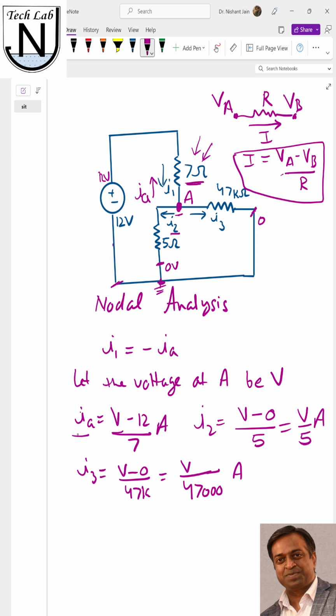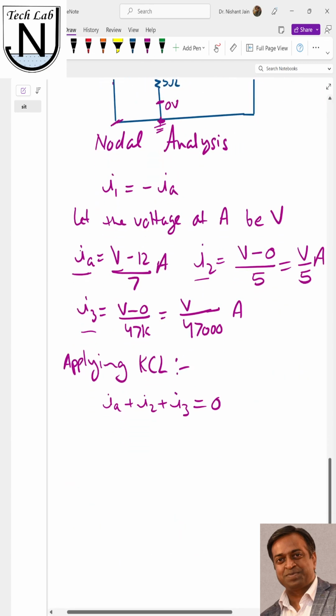Once I get the values of IA, I2 and I3, I can apply KCL. KCL says that the sum of all the currents coming in or out of this node will be 0. Here, all the currents IA, I3 and I2 are going away from node A. So applying KCL, I get IA plus I2 plus I3 equal to 0.